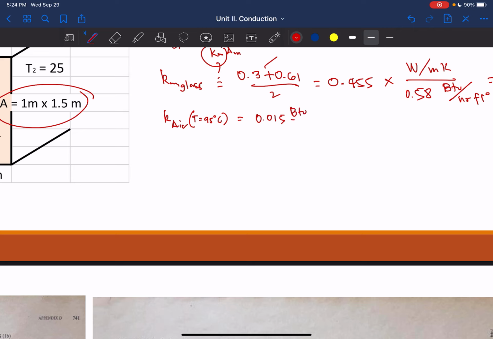So that's BTU per hour feet degrees F, which gives you an answer of 0.02586 watt per meter Kelvin.